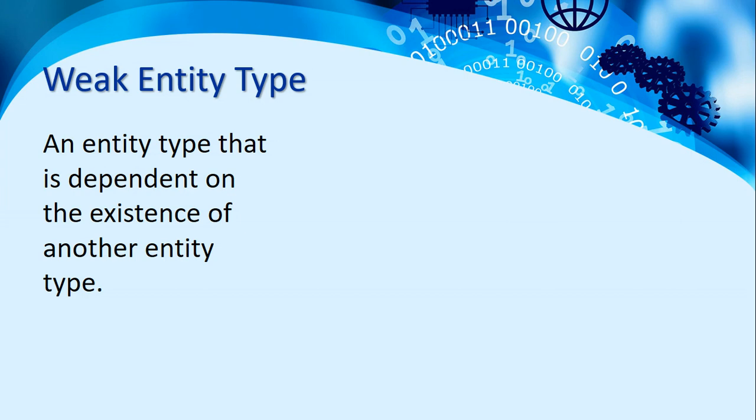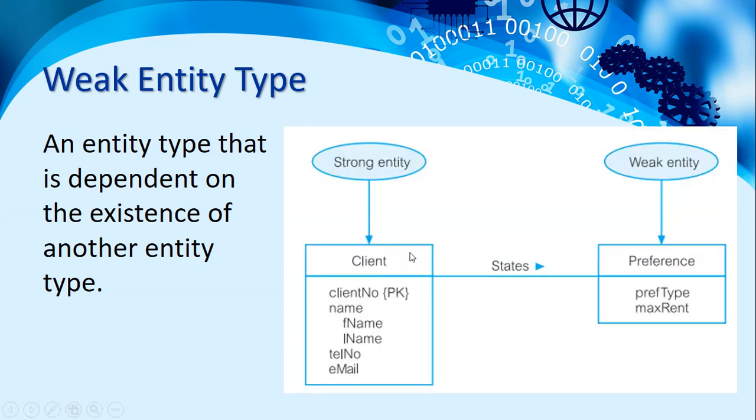So for this instance, we have here an example. Ito yung sinasabi ko na strong entity type. We have here the client entity. So meron siyang primary key na attribute, which is client number, and we have this also weak entity, which is preference.